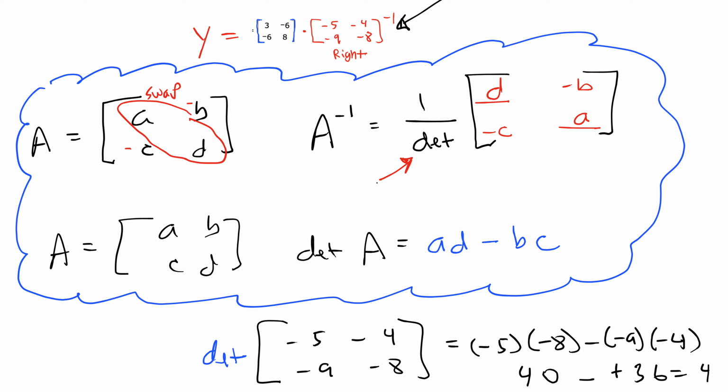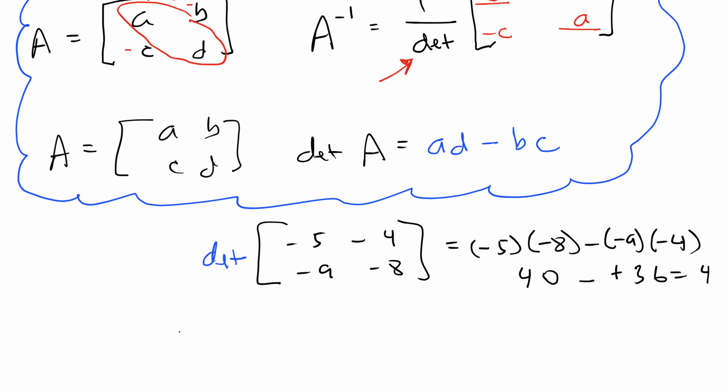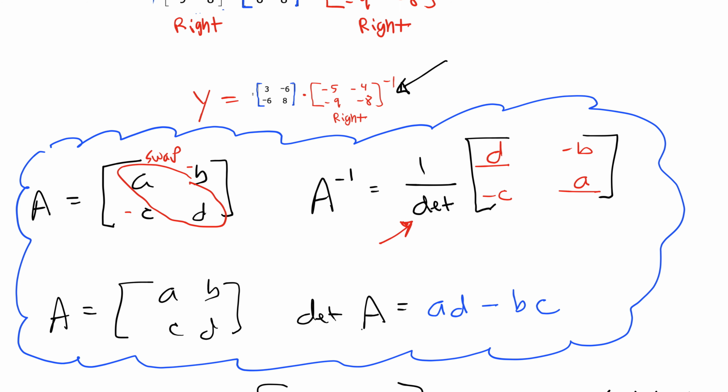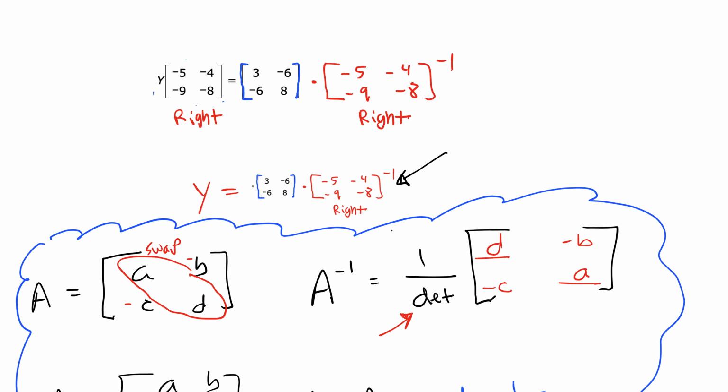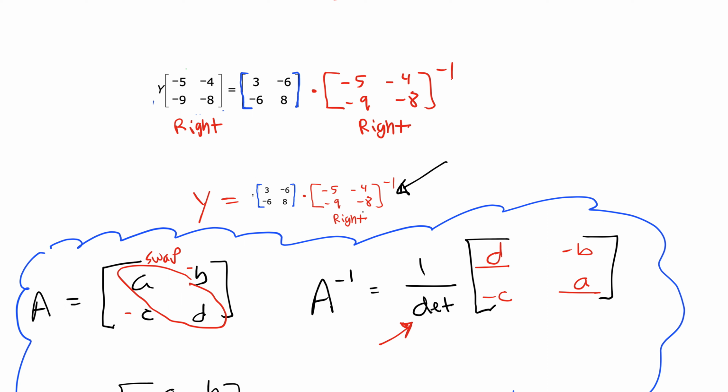So now we go back to this idea. Remember, it's going to be 1 over the determinant times the swap-aroo. So 1 over the determinant times swapping that matrix around. So let's go ahead and get the original matrix, which is this one.